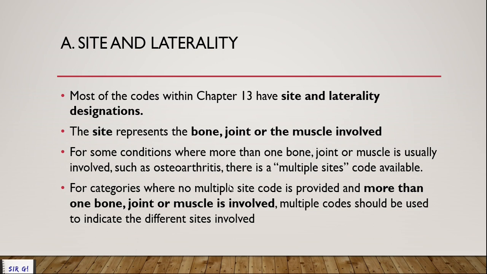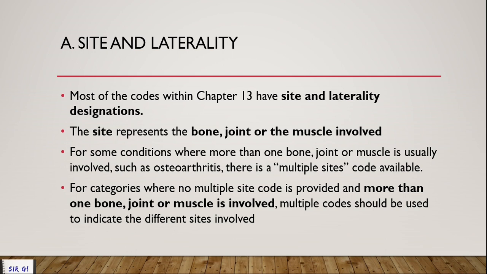So what should you do if more than one site is involved? Because remember, it's divided based on site and laterality. The guideline is that for categories where no multiple site code is provided and more than one bone, joint, or muscle is involved, multiple codes should be used to indicate the different sites involved.